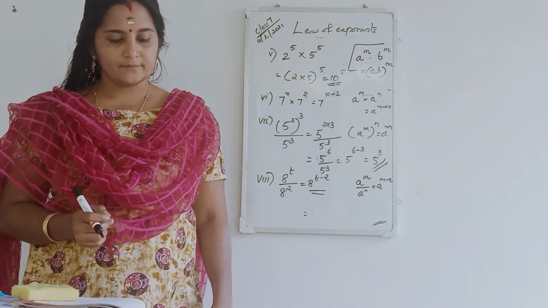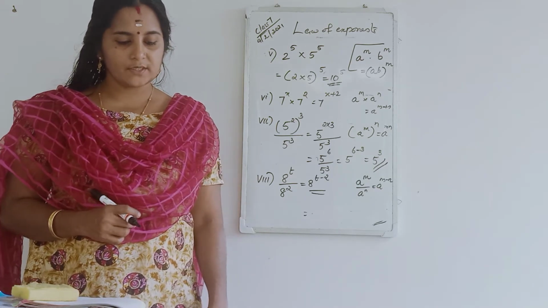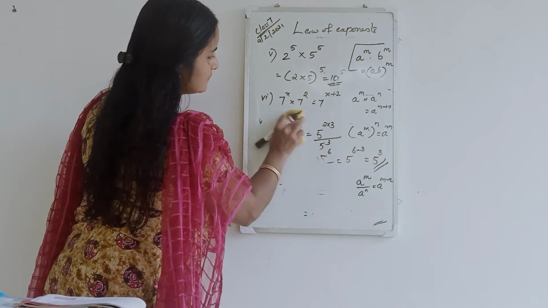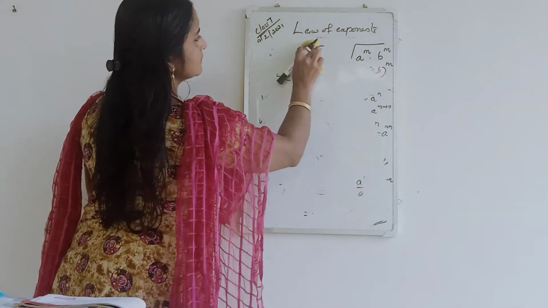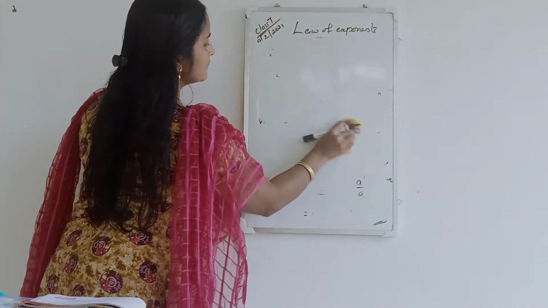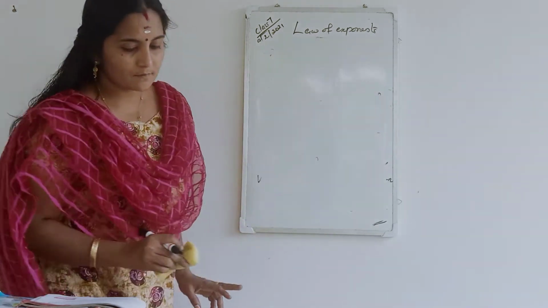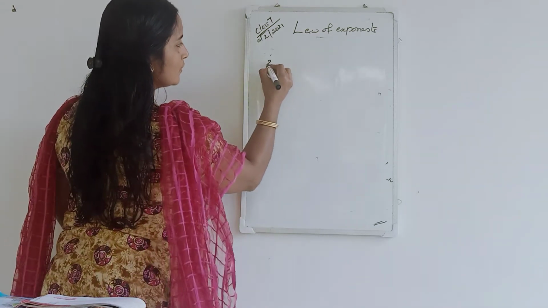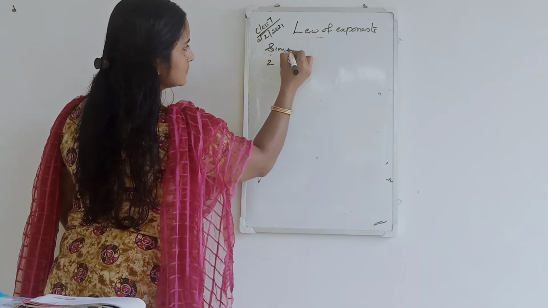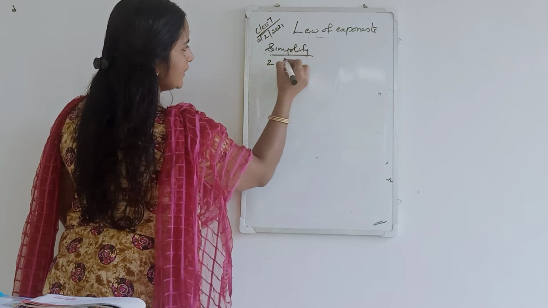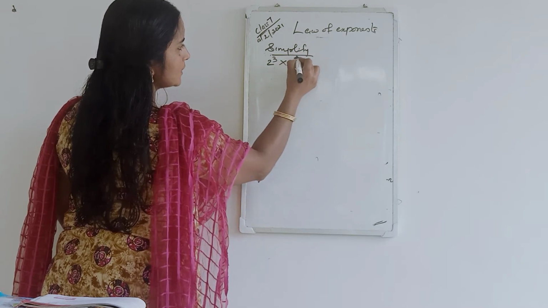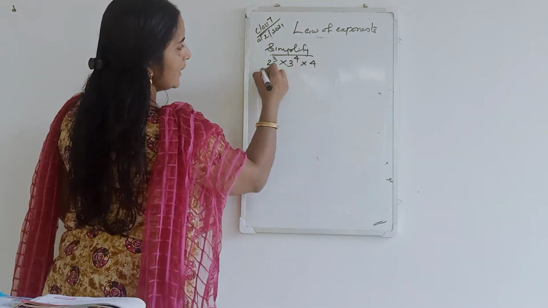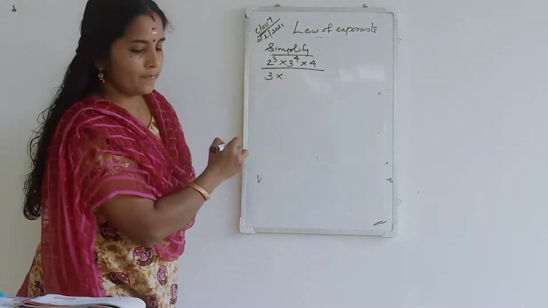Okay, then another question. Simplify 2 cube into 3 raised to 4 into 4 by 3 into 32.